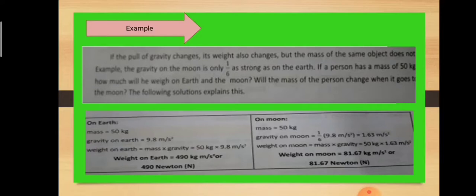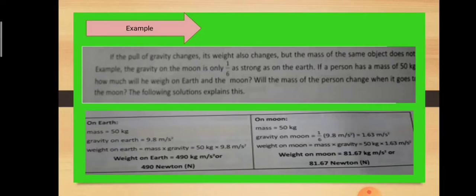The formula of weight is equals to mass times gravity. So 50 kilogram times 9.8 meter per second squared is equals 490 kilogram meter per second squared or 490 Newton. Take note that 1 Newton is equivalent to 1 kg meter per second squared.